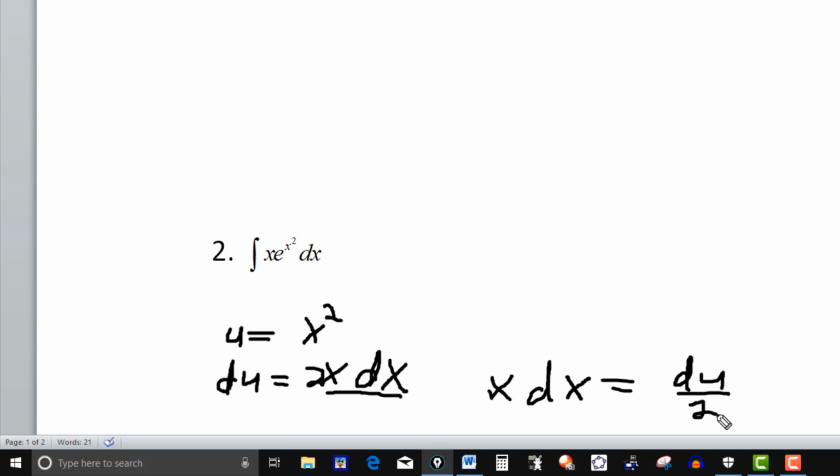So now I can say this is going to be the integral of, and then the x dx can be replaced by du over 2. Again, I'm going to bring the 1/2 over here.